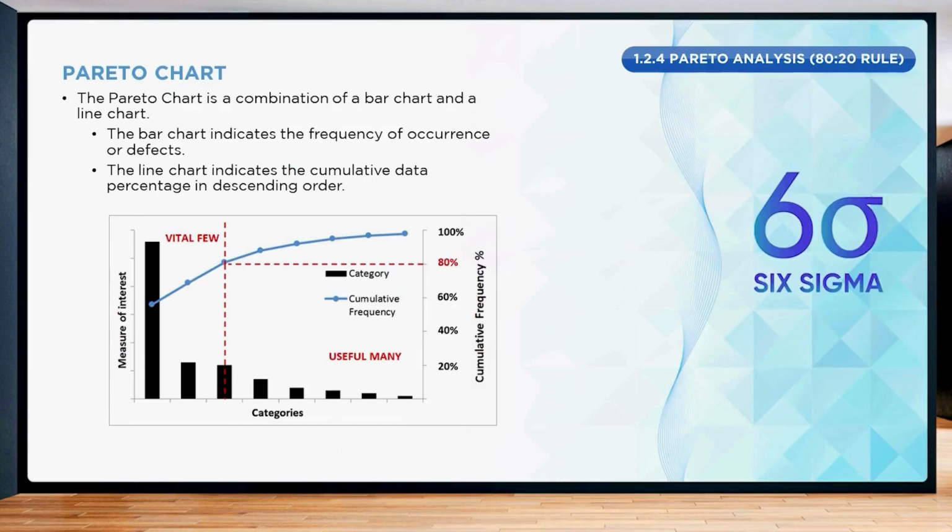Looking at this tool, the Pareto chart is a combination of a bar chart and a line chart. The bar chart indicates the frequency of occurrence of defects, and the line graph indicates the cumulative data percentage in descending order.